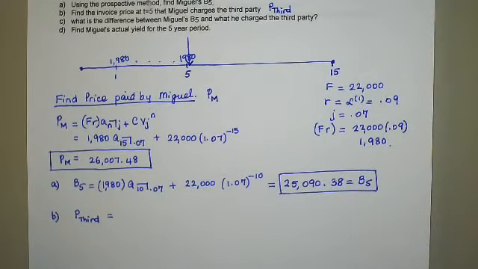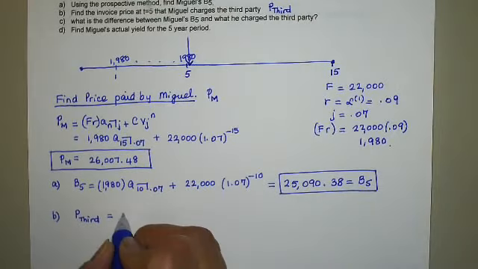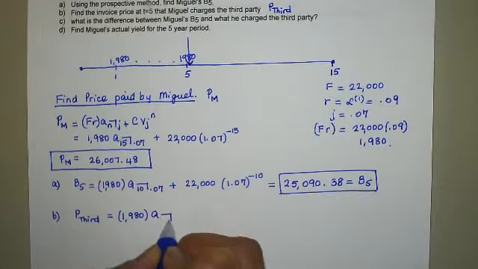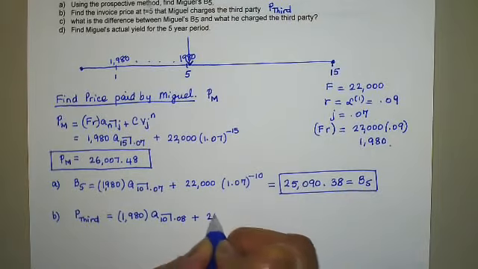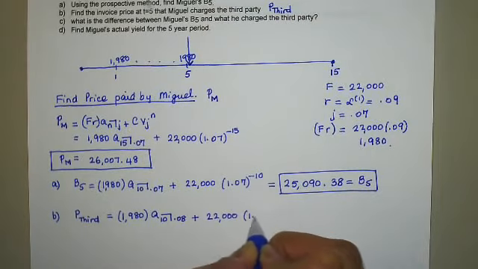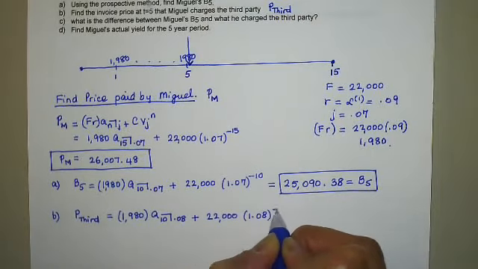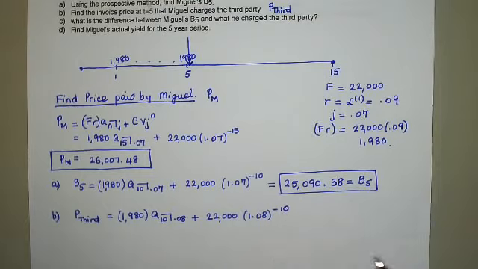Find the price paid by the third party. Go. How many coupons will the third party collect? Yeah, 10 coupons. So 1980, A angle 10. At what rate? 8%. Very nice.